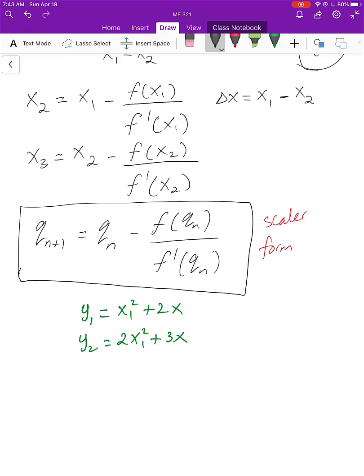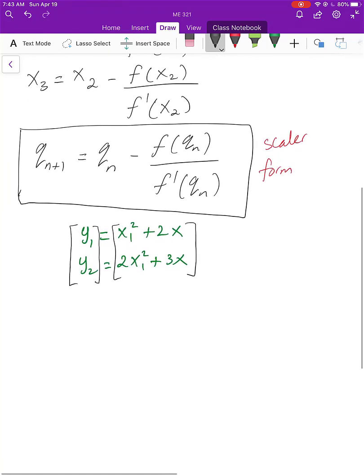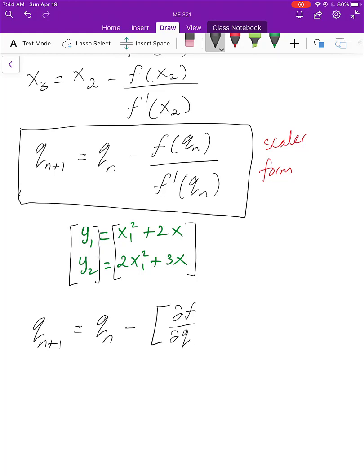We will define these two equations in the form of a matrix. So we will have q of n plus 1 is equal to q of n minus the Jacobian matrix, which is the partial derivative of f divided by the partial derivative of q, to the negative 1 times f of q of n.